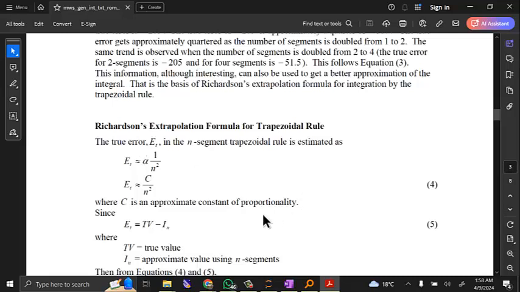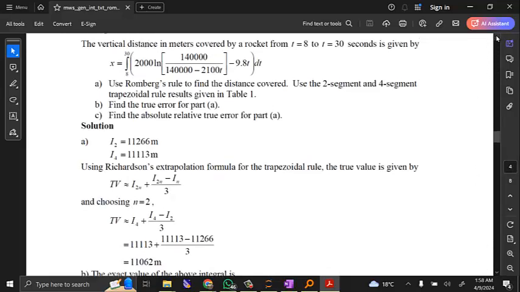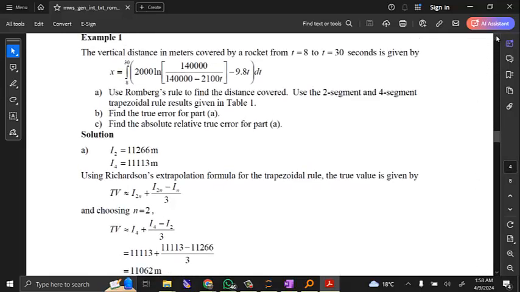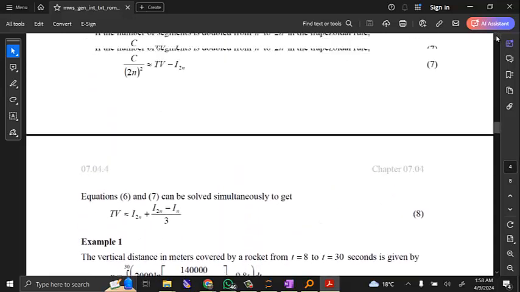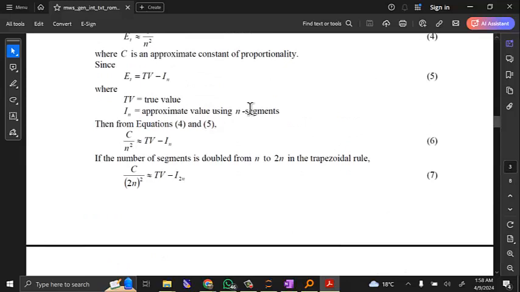So the error is the true value minus the approximate value. So if we have two different errors, right, this is c over n squared, that's the error for n intervals. Then if I double the intervals, I'm going to get c over (2n) squared.